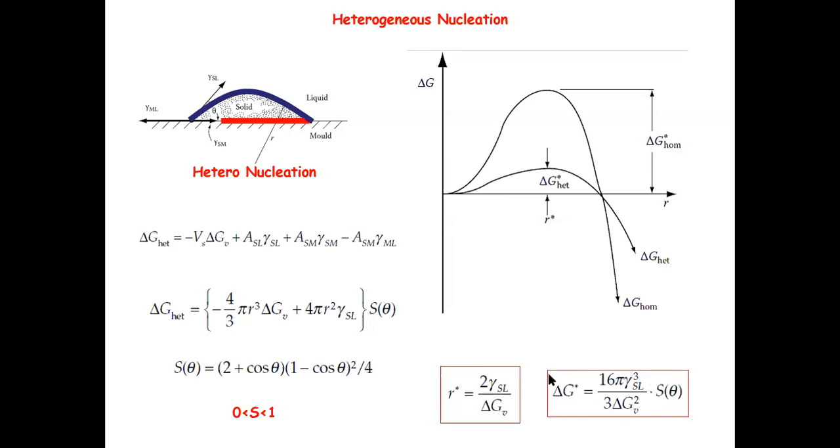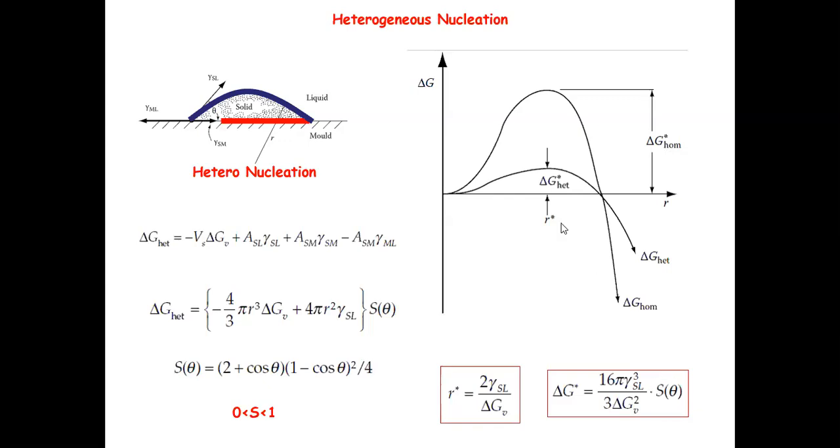But what happens to the actual energy barrier? This term is the energy barrier for the homogeneous nucleation case, which I call del G star homogeneous. And this is the nucleation barrier for the heterogeneous case. You will see that these two differ by a factor of S theta, and S theta is a very small number.